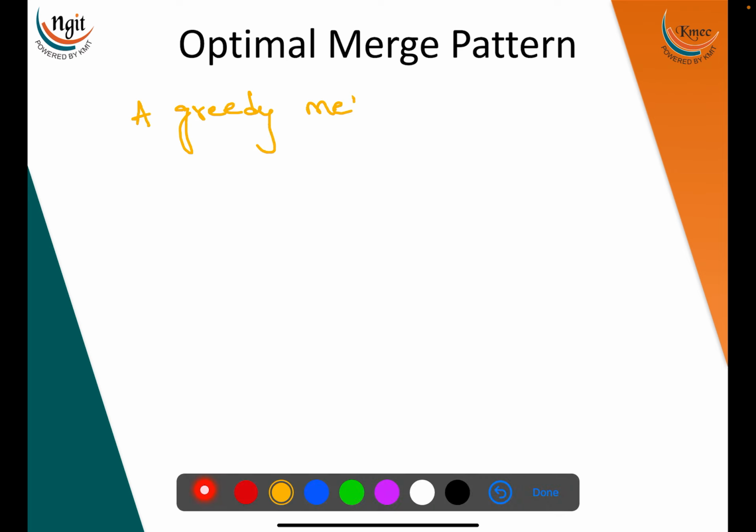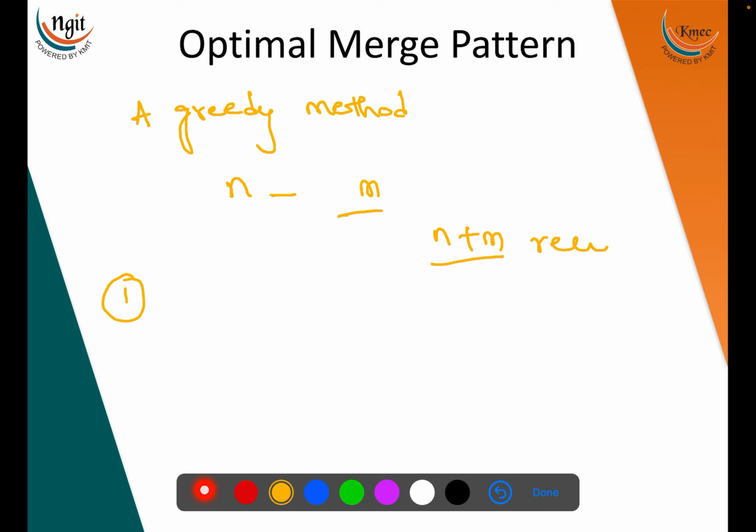Since merging an n record file and an m record file requires possibly n plus m record moves, the selection criterion is, as I said, at each step, merge the two smallest size files together. Merge the two smallest size files together. This is the first step before you apply the greedy method.